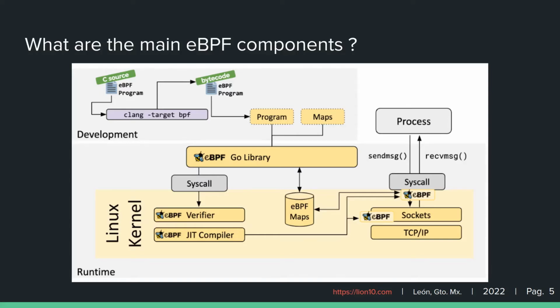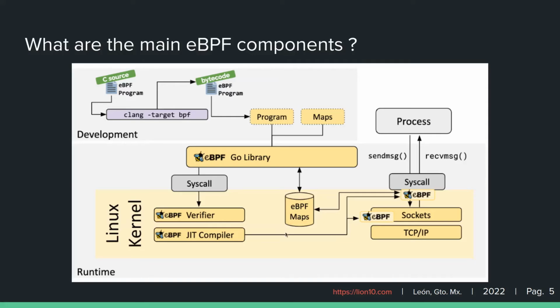Some of the data structures that you can store in this map are hash tables, LRUs, least recent used, ring buffers, stack traces, LPMs, which stands for longest prefix match, and many others. But just to shorten the description, it's just a data store.